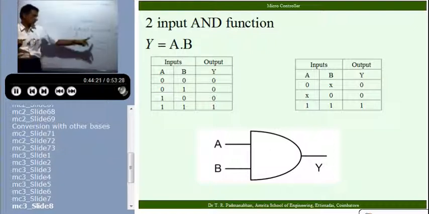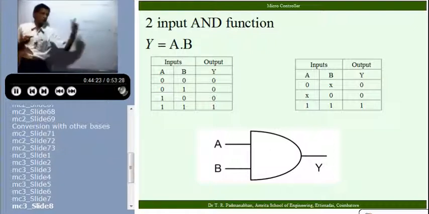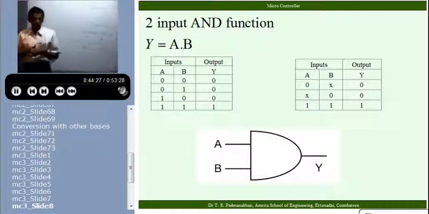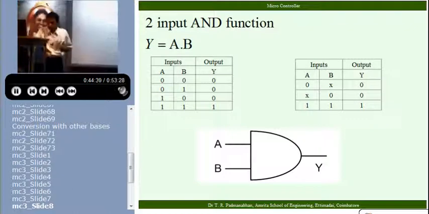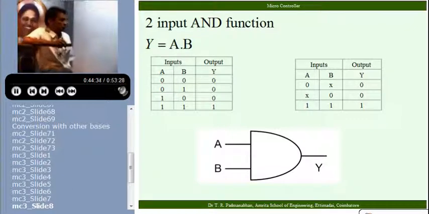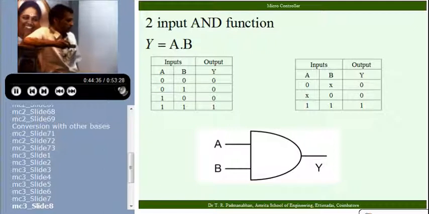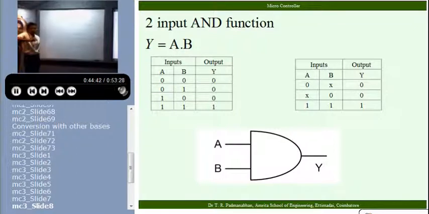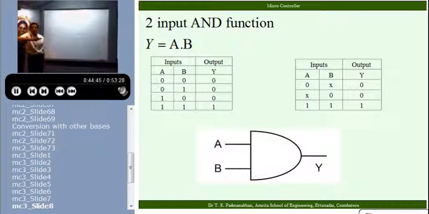Whether it is 0 or 1, as long as this is 0, there is nothing. I get flow only if both are open. That's what the implication is. In the same way, if A is 0, I don't care what the value of B is, Y is 0. So when I put it like this, it is more concise. Same truth table, put in a slightly more concise form. This is basically the two input AND function.